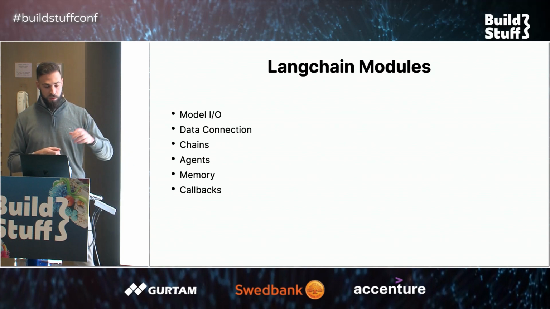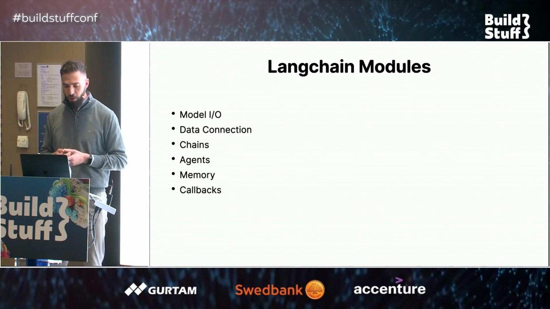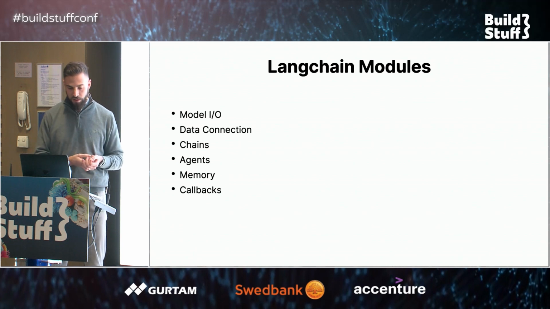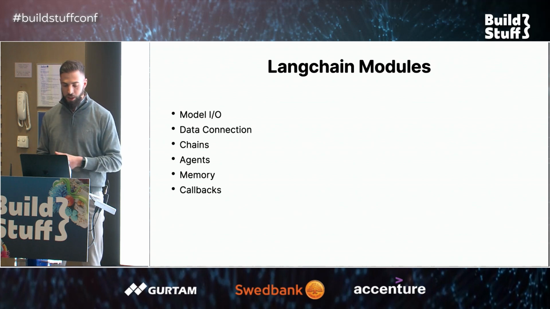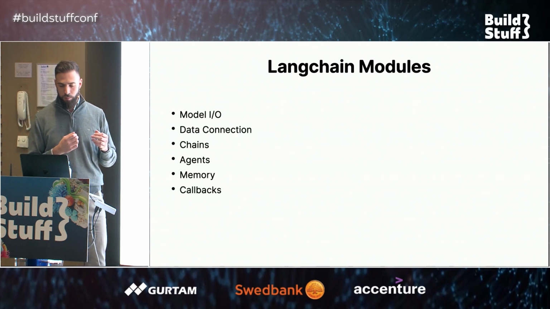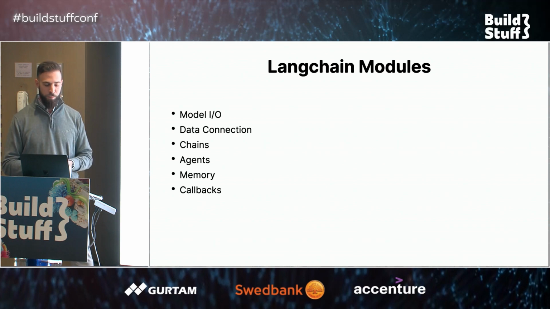Then we have agents, which allow us to define tools to be used by a language model. We have memory to persist conversation state, also between different runs of a chain. And callbacks let us log and stream all of the different steps inside a chain.